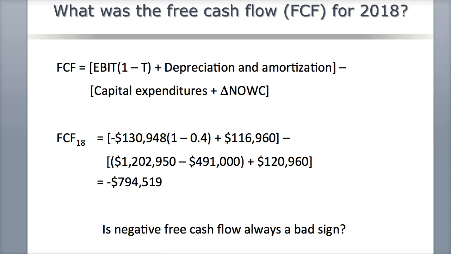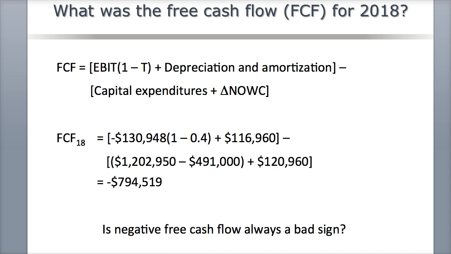So the free cash flow is one way that we could use the inputs from the financial statements to give a better idea of what the company is doing. The equation here is really going to show us the amount of cash that could be withdrawn without harming the firm's ability to operate and produce future cash flows.